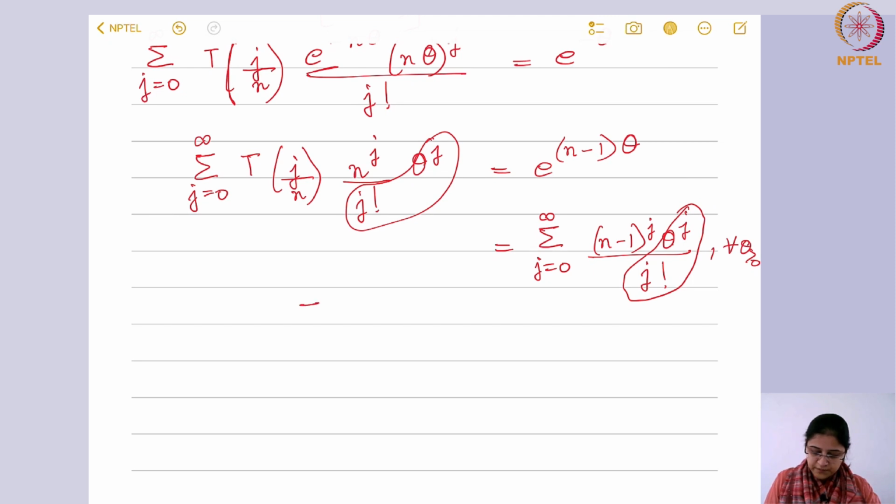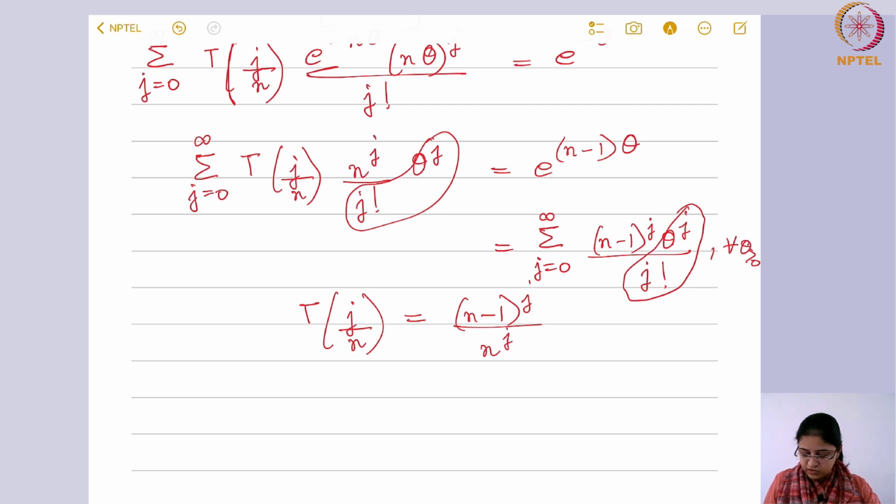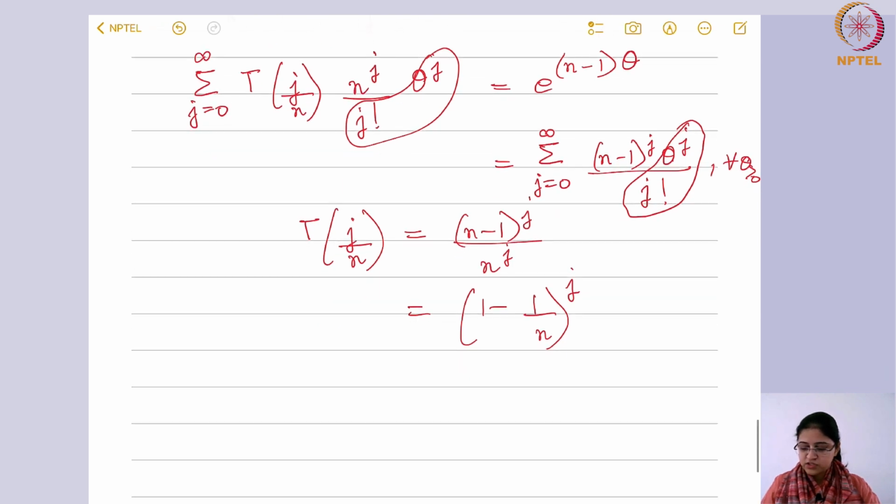What you will get is t of j over n is the same as n minus 1 over n raised to the power j. If you simplify, this is 1 minus 1 over n raised to the power j. And what is j? J we used for z, and z is basically n x bar, because that is summation xi, right?